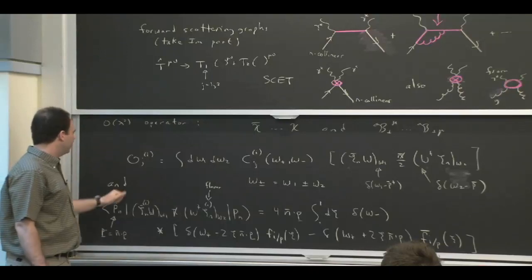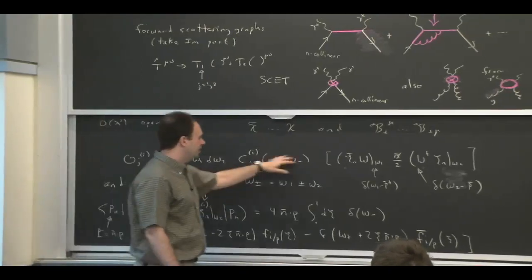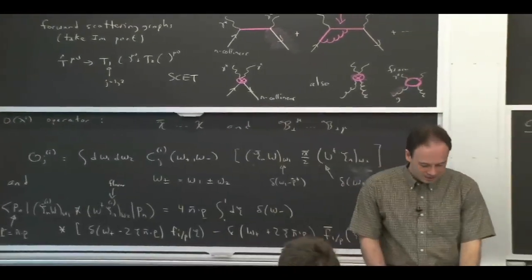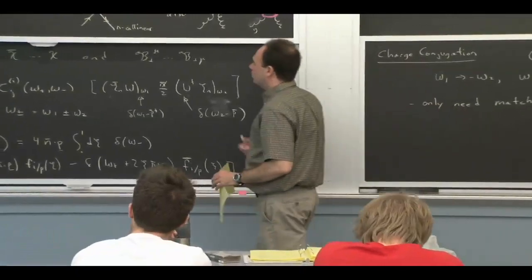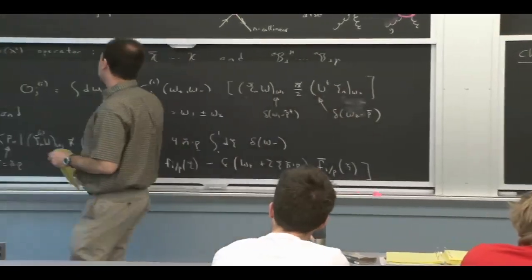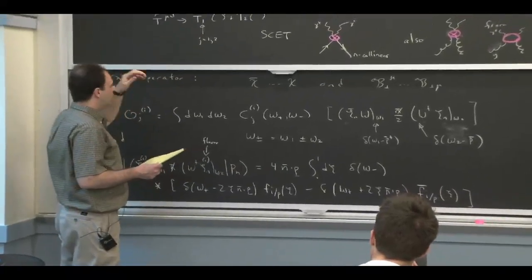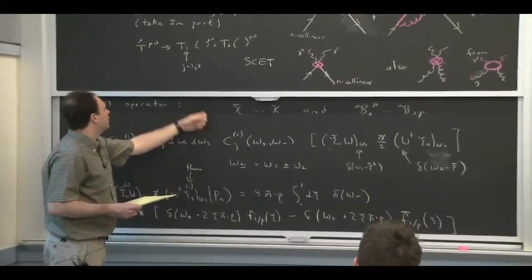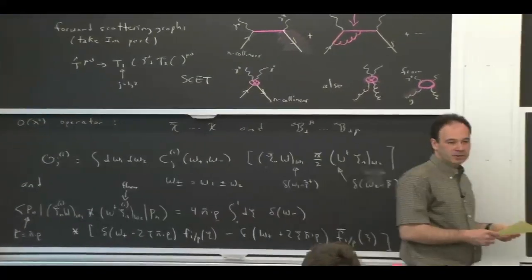OK, so there's various indices: I flavor, J for tensor decomposition, and then a bunch of momentum indices. So when you go through the analysis of trying to find a formula for, say, T1, it's going to be related to C1. And T2 will be related to C2, because this guy's a scalar operator. It doesn't have any indices.